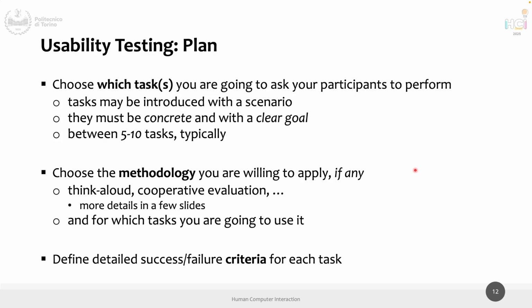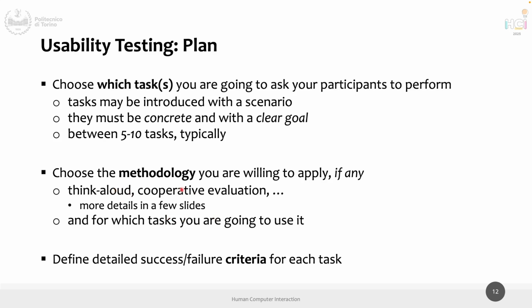Then, after deciding the tasks, you have to choose the methodology you're willing to apply, if any. Applying a methodology is not mandatory, but you can decide, according to the task and the goal that you have, to apply one. Methodologies are various. Think aloud is a methodology.